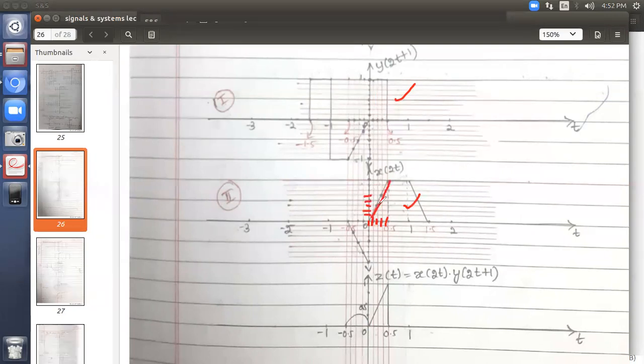Check what the coincident points are. 1 into this value, what value do you get? Check. Again, next point, 1 into that value. Check what this value is equal to. You will get the perfect values if you try drawing it on the graph sheet. I hope you understood this. This ramp into 1, you will get a ramp only.